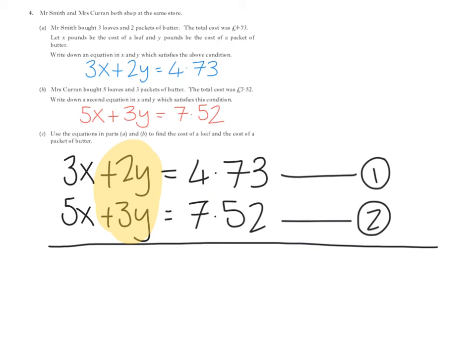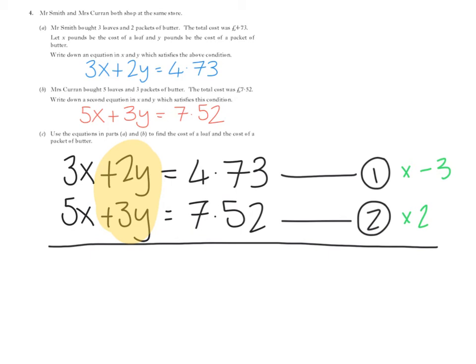We want one of them to be negative and the other positive, so that we can then add equations 1 and 2 together, which causes the y's to disappear. So we're going to multiply equation 2 by 2 to make it 6y, and multiply equation number 1 by negative 3 to make it negative 6y. Whatever we do to the y's, we must do to the other terms.